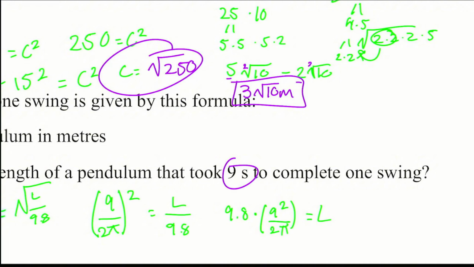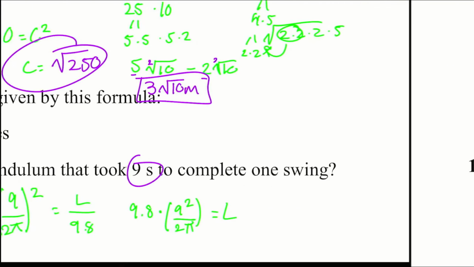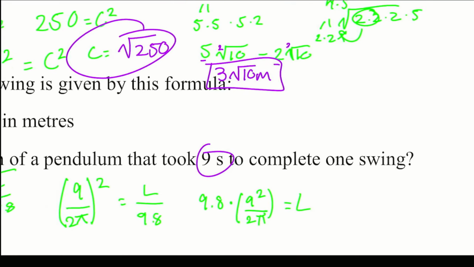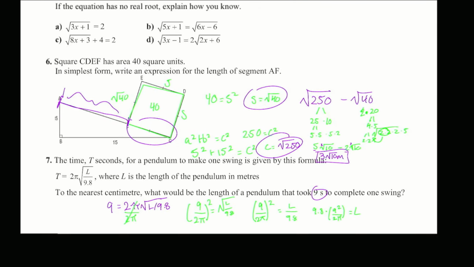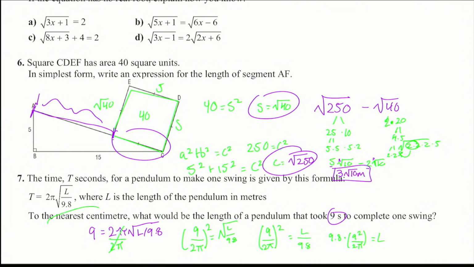So 9.8 times 81 over 2 pi. That gives us our length, or at least our length. We're asked to round this to the nearest centimeter.